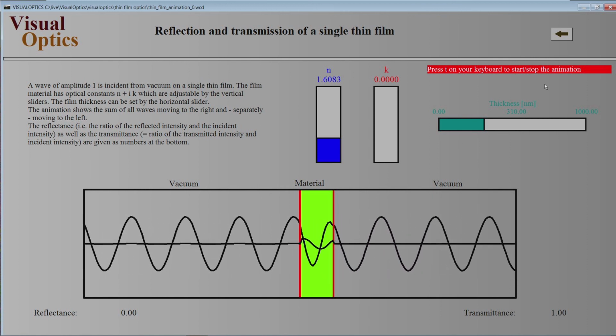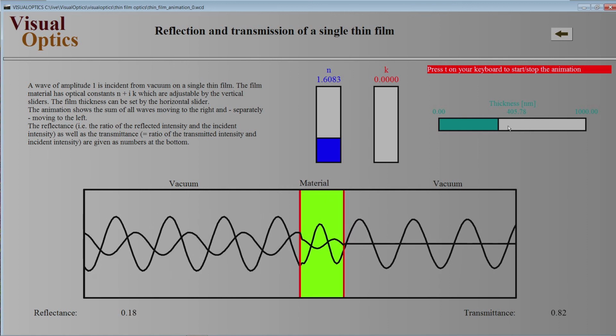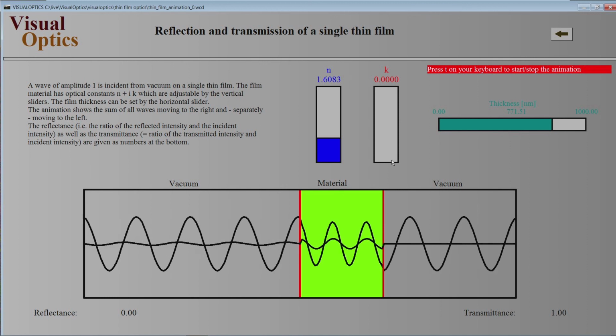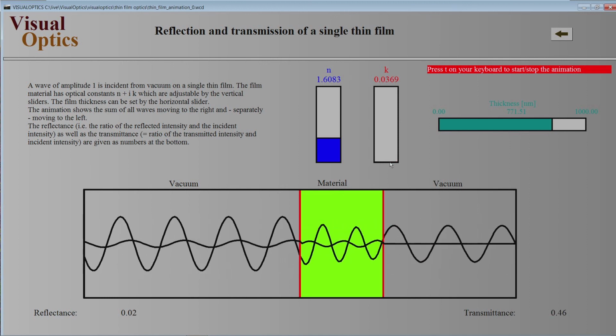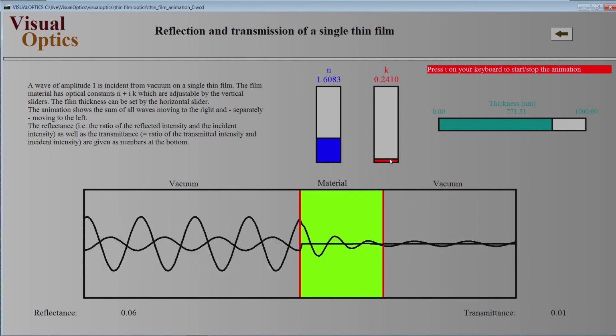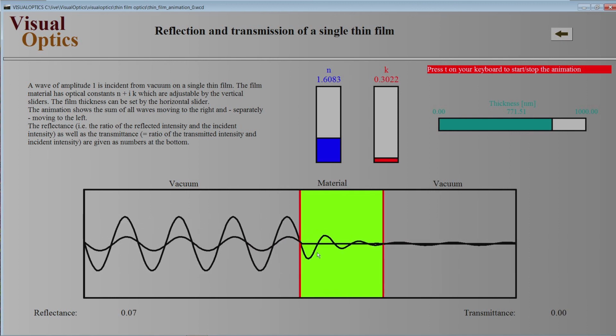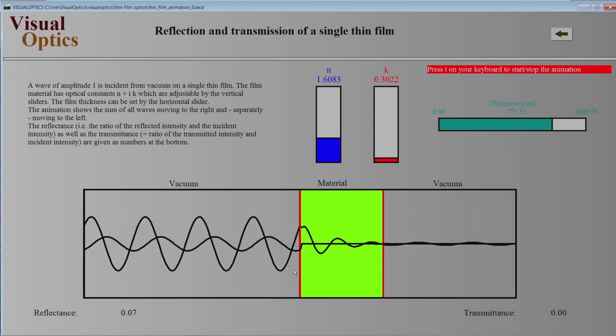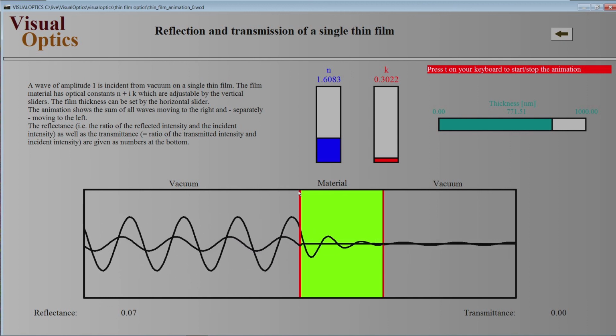So if we would make this layer thicker, and we introduce a little bit of absorption, we switch off the backside reflection, basically we can do that. So in that case, you see we would have 7% intensity reflection from the first interface.